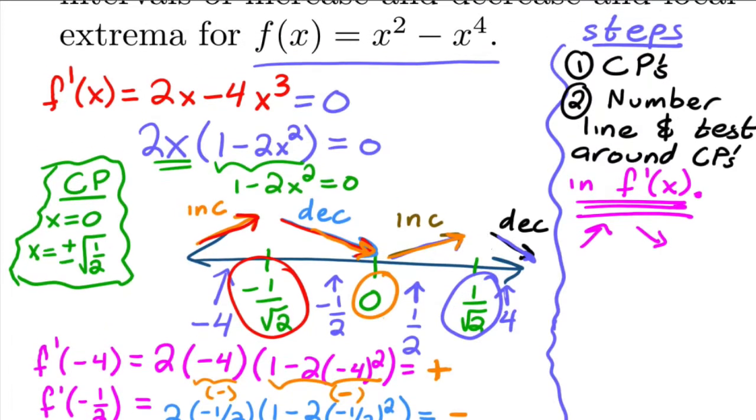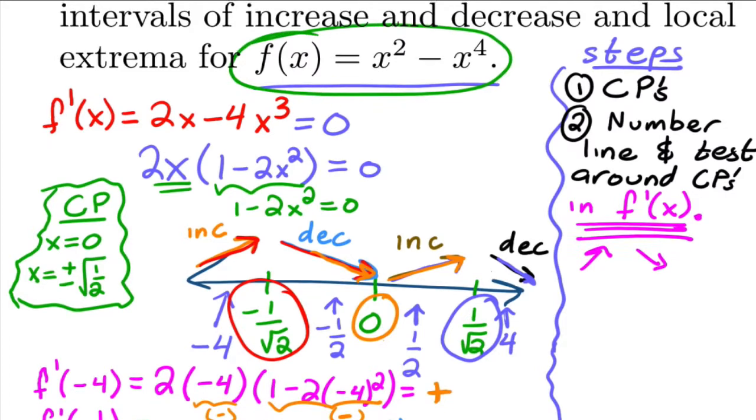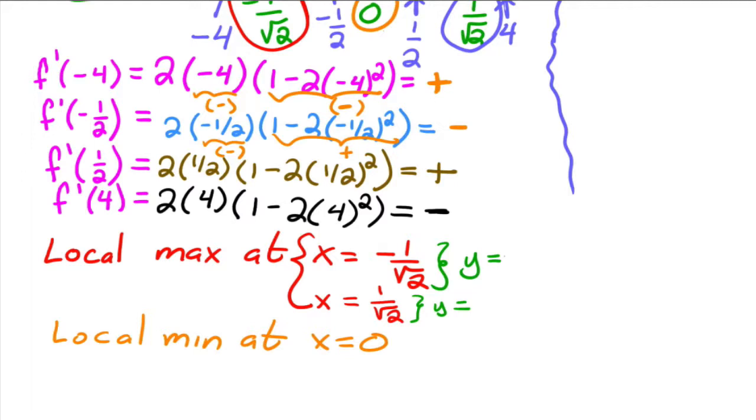So not the derivative, but the original function, which is this one right here, x squared minus x to the 4th. So if I plug in negative 1 over root 2, I would get negative 1 over root 2 squared minus negative 1 over root 2 to the 4th, which is equal to 1/4.